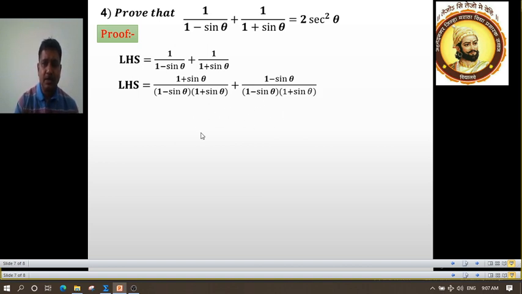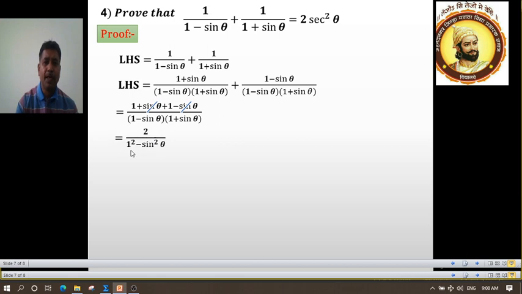So write the same denominator of 1 minus sin theta into 1 plus sin theta, and taking the addition of the numerators, we have 1 plus sin theta plus 1 minus sin theta divided by 1 minus sin theta into 1 plus sin theta. Now plus sin theta minus sin theta cancelled, that is addition is 0. We have 1 plus 1 is equal to 2.